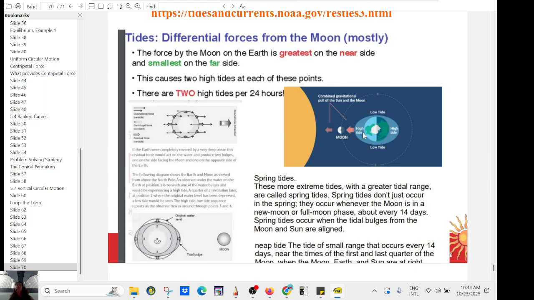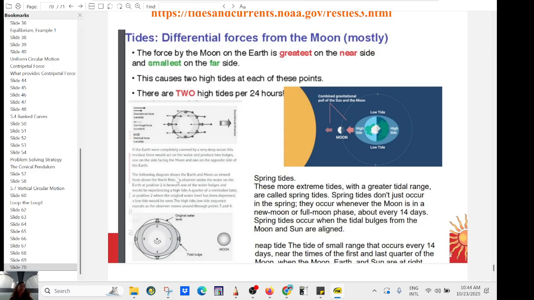So that's why we have two tides on both sides, right? So you see the system is orbiting the center of mass here. So there is a centripetal force from the Earth's perspective acting on the Earth, pushing the ocean on this side. But here you have gravity larger.